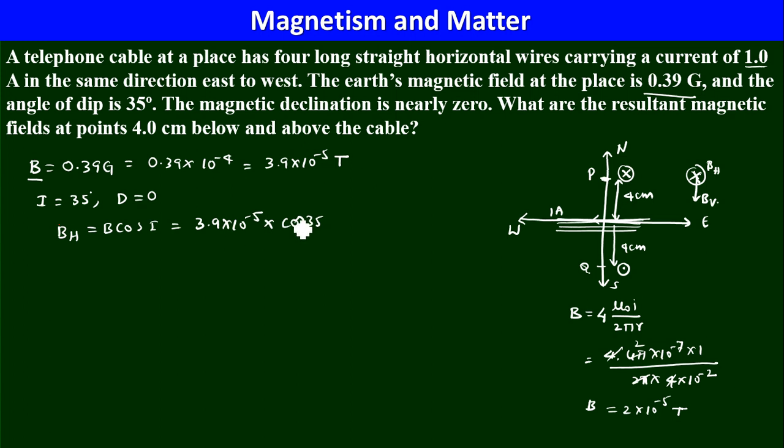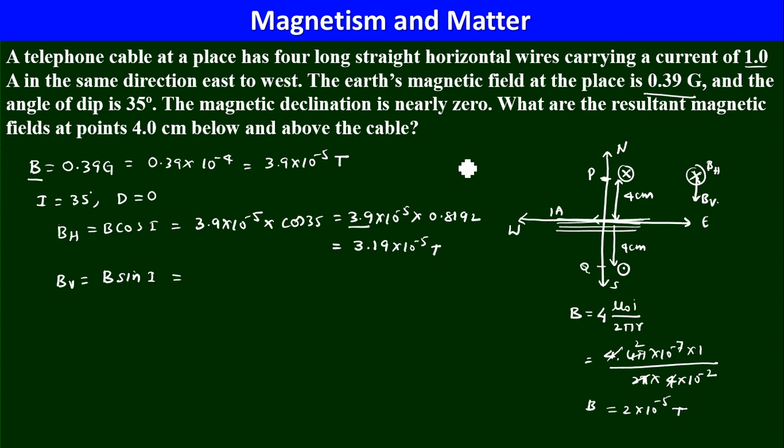Cos 35 value will be 0.8192. If you multiply 3.9 and 0.8192, you will get the horizontal magnetic field as 3.19 into 10 power minus 5 Tesla. And what about the vertical magnetic field? That will be B sin I. I hope you know it.